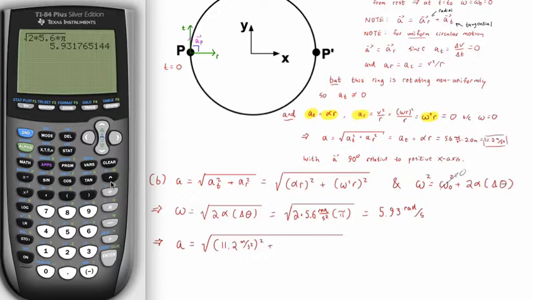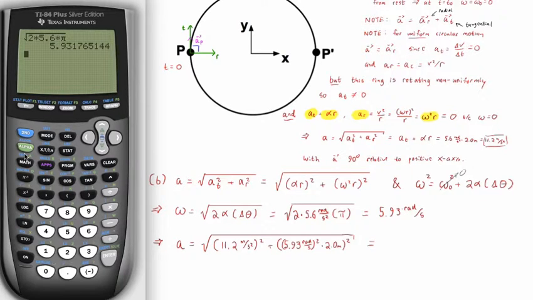And then we're going to have our 5.93 radians per second, squared again because we're squaring the squared in this case, multiplied by our radius of 2 meters. And then that's all going to be squared. And the sum of those two expressions is going to be inside the root.